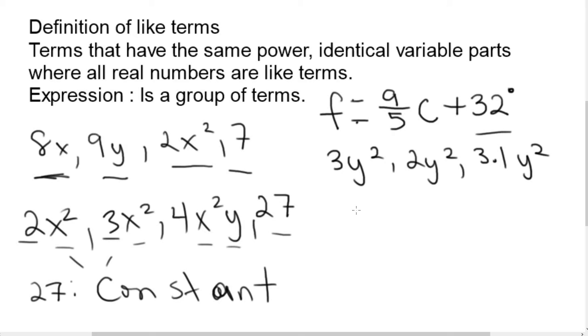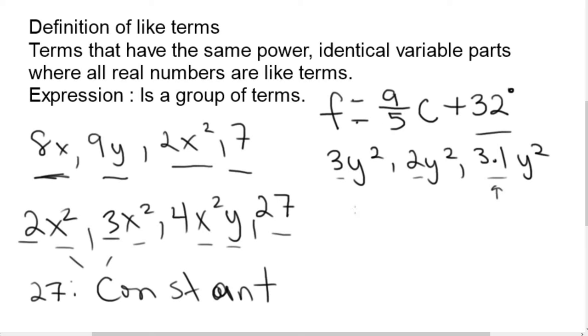Well, they're all like terms because 3, 2, and 3.1 are all real numbers. And even though this is a decimal here, they're still like terms. They all have the same variable with the same power. So we could combine all of these, which we'll do after the next example. We could combine all of these because they all have like terms. They're all real numbers, as we said. All real numbers are like.